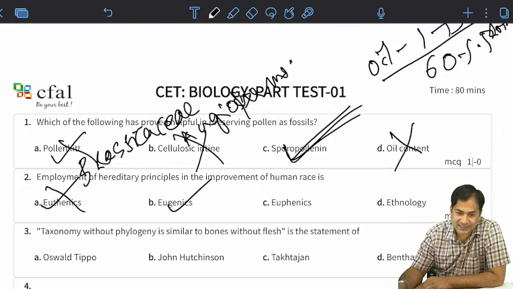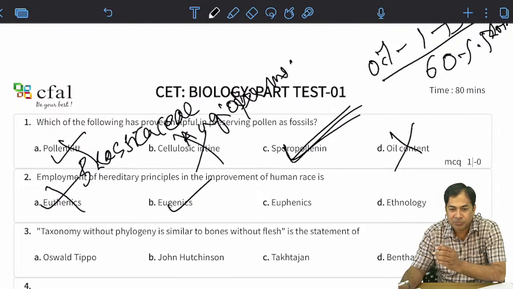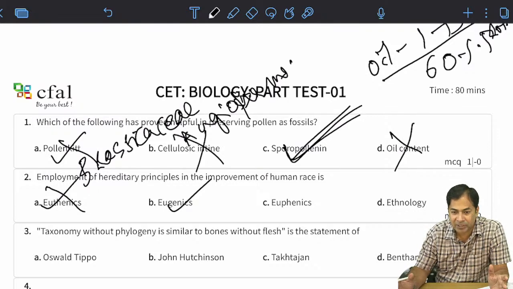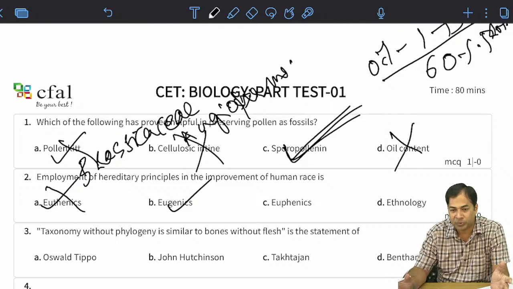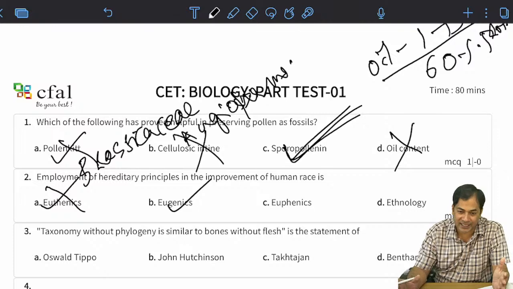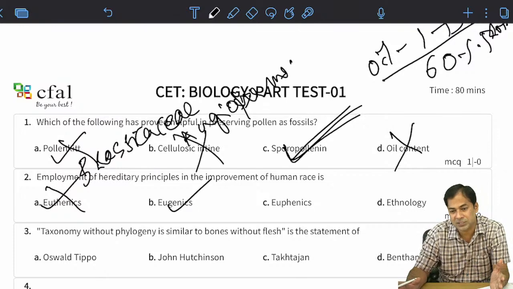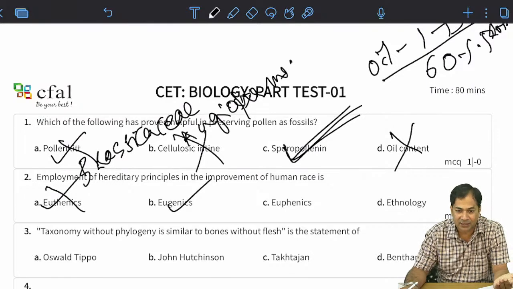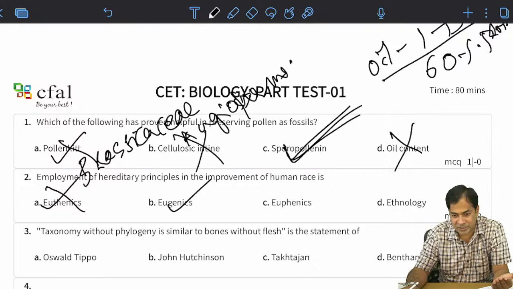In eugenics we discuss marriage between two intellectual people, two intelligent people with a very high IQ level, who should be allowed to reproduce, male and female. While arranging marriage, you should see the intelligence of the person. That is what eugenics says. For example, take a great scientist in our country like APJ Abdul Kalam.